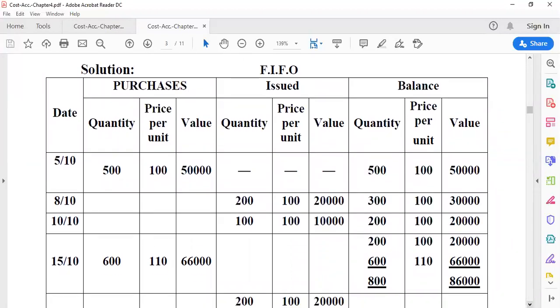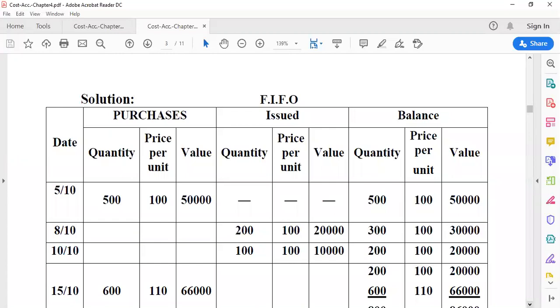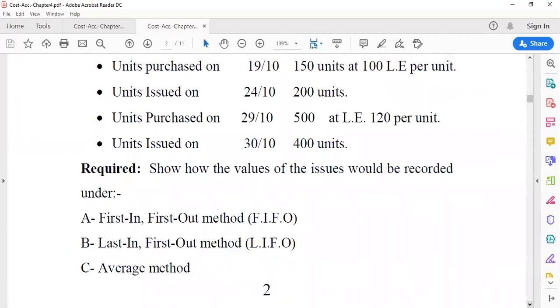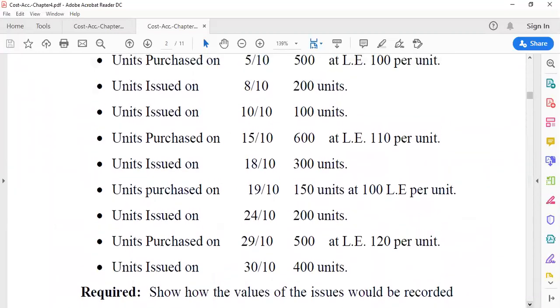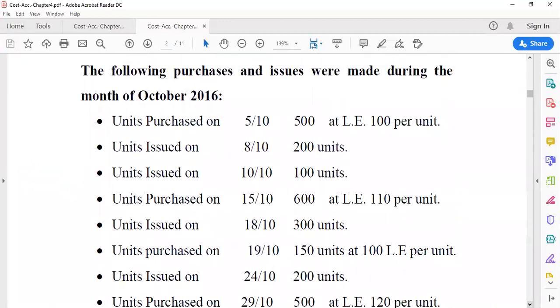For the 5th of October, we have a quantity purchased. I cannot remember, so we need to go back to our example. Our example tells me that we have units purchased on the 5th of October, 500 units at 100 LE per unit.